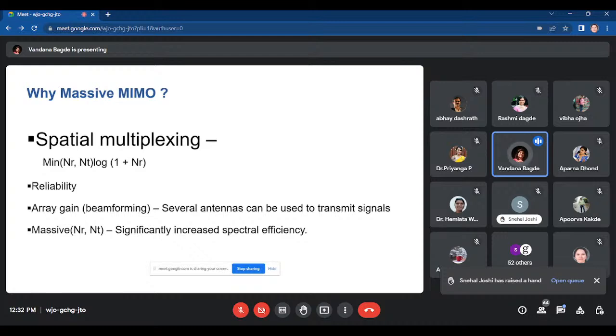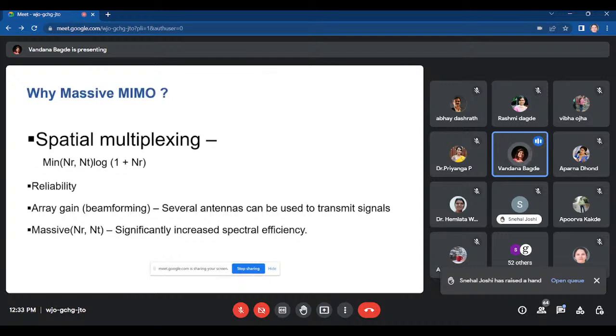In order to remove this noise, we make use of spatial multiplexing. Spatial means it is related to space. These antennas are remotely located at different spaces, so that by transmitting the signals via different stations at different times, the receiver will be able to detect the signal back.